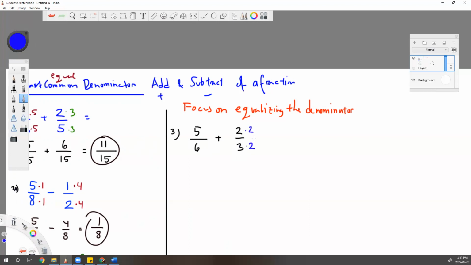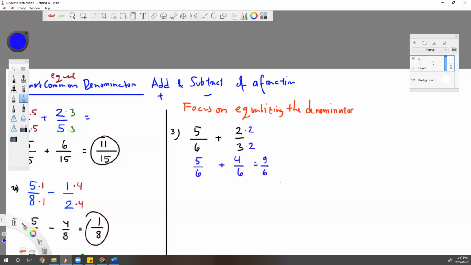I multiply it by 2, so it will get 6. You don't have to do anything on the left side, or you can just multiply by 1, but no need to write it down. So one more time, 5 over 6 plus 4 over 6, right? You multiply 2 by 2 and 3 by 2. So you'll get the answer of 9 over 6, right?